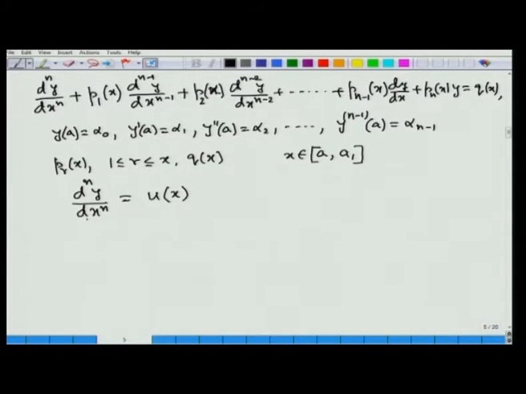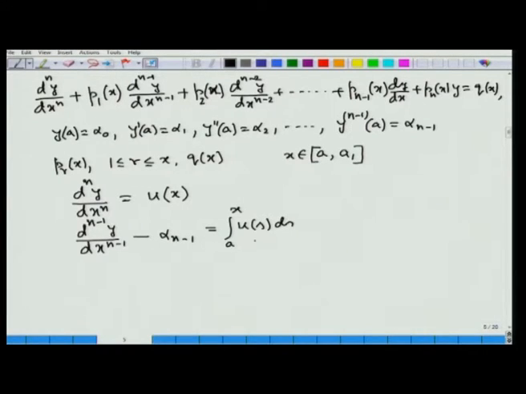So, we can integrate it from the limit a to x to get d^(n-1) y/dx^(n-1) minus this derivative evaluated at a, that means y^(n-1)(a), which is equal to alpha n minus 1, and this is equal to the integral from a to x of u(s) ds.